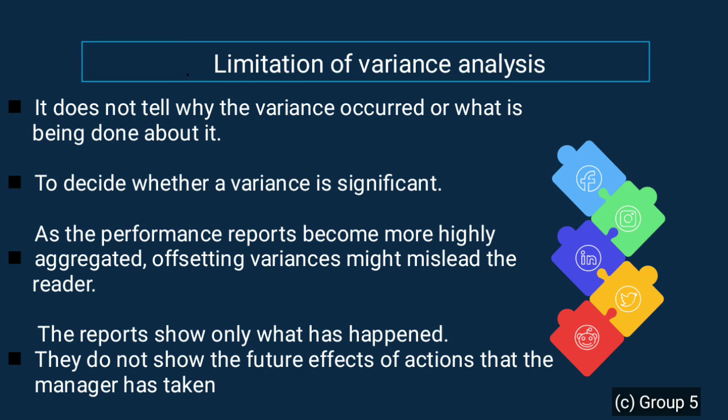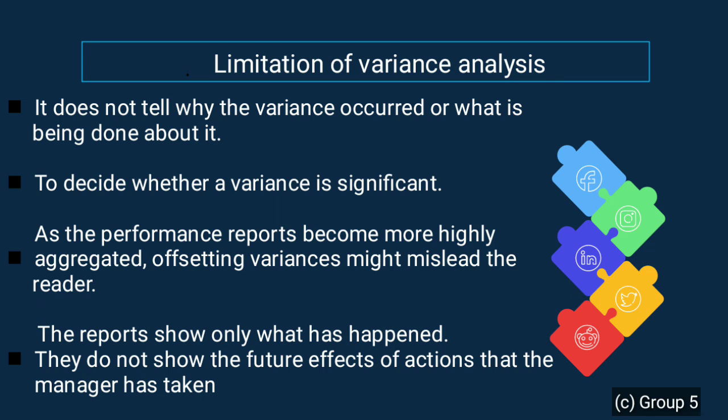A second problem in variance analysis is to decide whether a variance is significant. Statistical techniques can be used to determine whether there is a significant difference between actual and standard performance for certain processes. These techniques are usually referred to as statistical quality control.